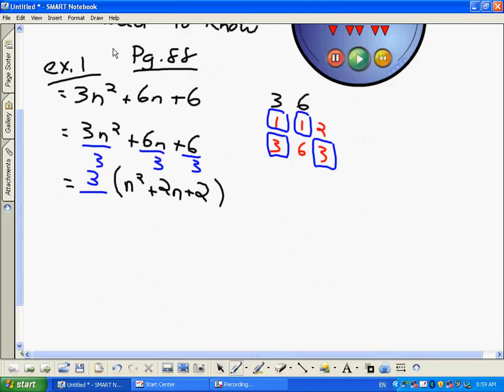Another way you could find factoring, so we'll call this example 1a. I'm going to use the exact same numbers, 3n squared plus 6n plus 6. A way you can do this is to break every term into prime factors. You guys would have dealt with prime factors in maybe like grade 5 or 6.